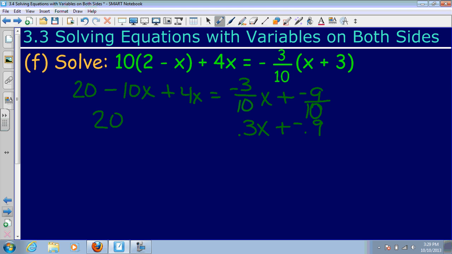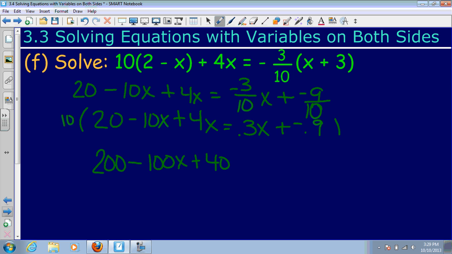So 20 minus 10x plus 4x. Now I have a decimal. I can leave it in decimal form or I can multiply through to get rid of the decimals. Let's multiply through to get rid of the decimals. Whether you multiply through to get rid of the decimals or the fractions, you would have ended up with 200 minus 100x plus 40x equals 3x plus negative 9.